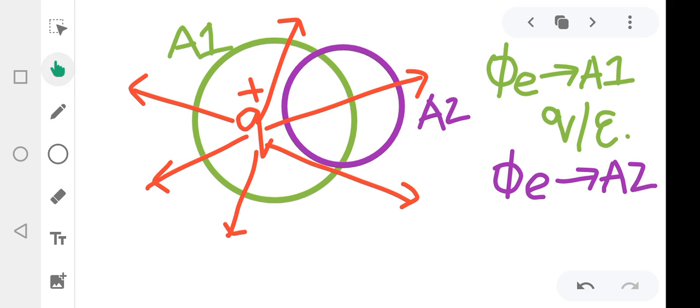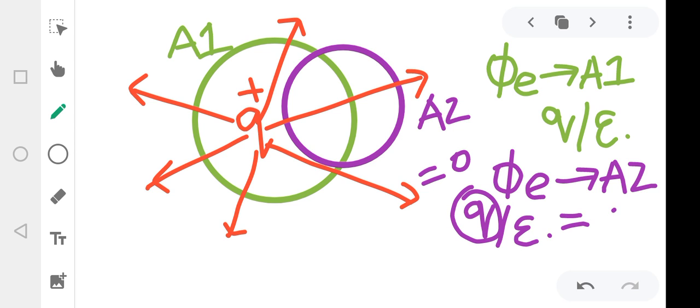If we focus on this body, it is a sphere, and the charge enclosed by this body is 0. Because the charge is 0, there will be no flux passing through this body. So in this case the flux passing through this body will be equal to 0.